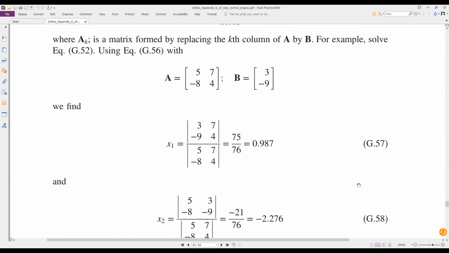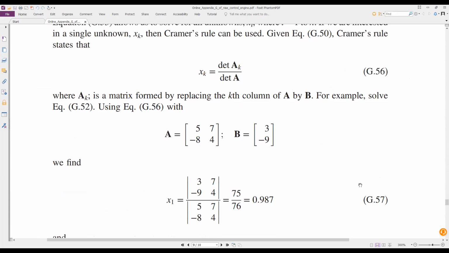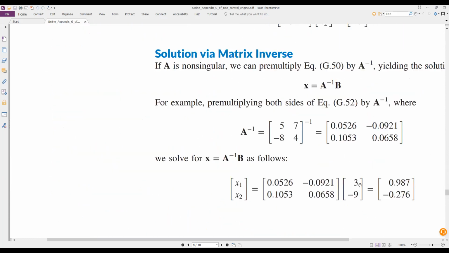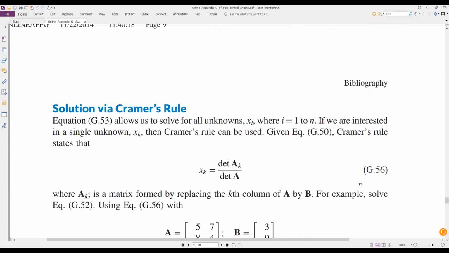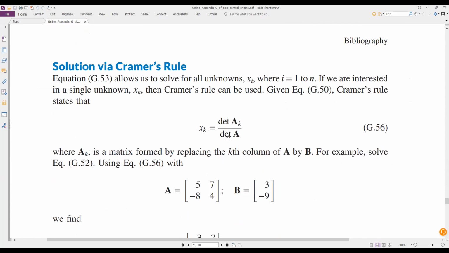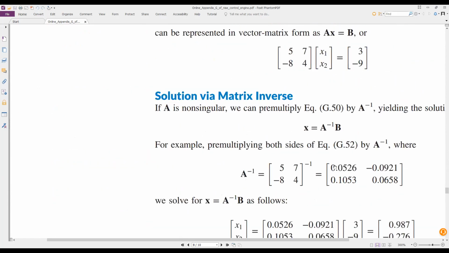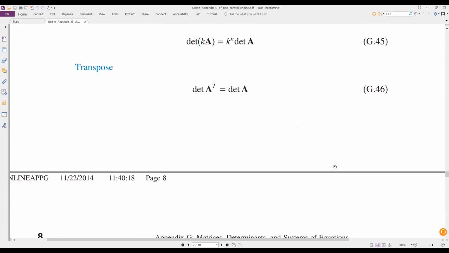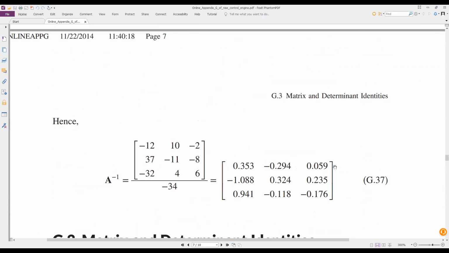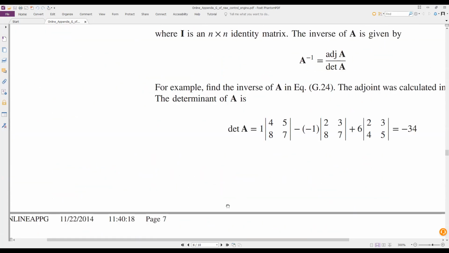Cramer's rule, I think you know Cramer's rule already. We have discussed it previously. See solution by Cramer's rule. Okay, whatever. Now we will move to our chapter.